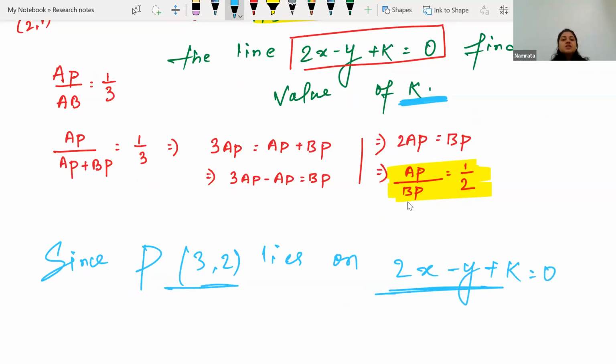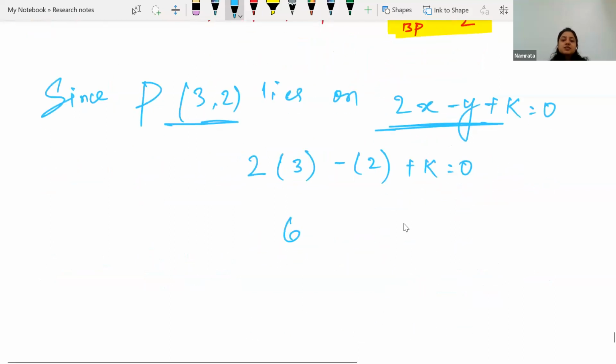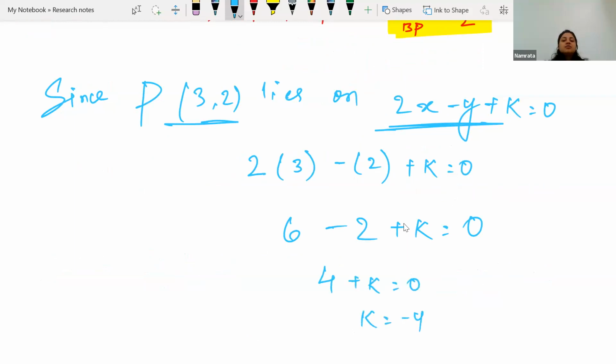Substituting, we have 2 times 3 minus 2 plus k is equals to 0. So 6 minus 2 plus k is equals to 0, so 4 plus k is equals to 0, and k value we got as negative 4. That is the value of k.